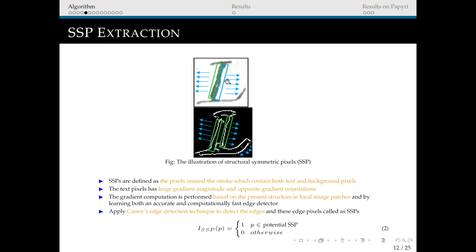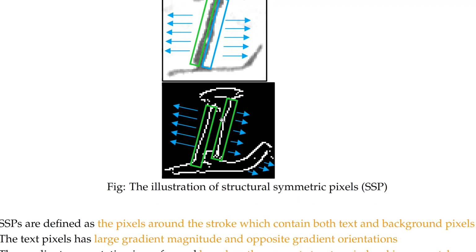So the idea is that if there is text in an image, the pixels around the stroke contain both text and background pixels. For example, if you find the edge of a text, around the edge you will have some background and some text.